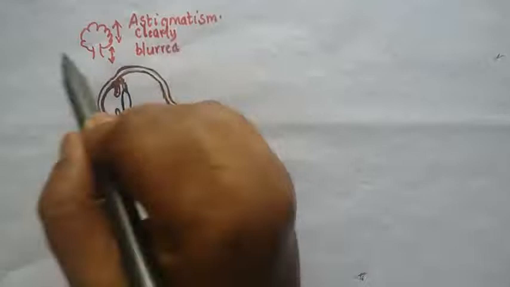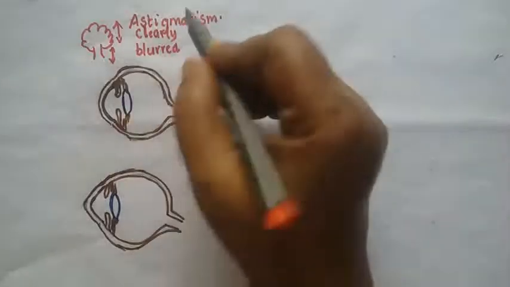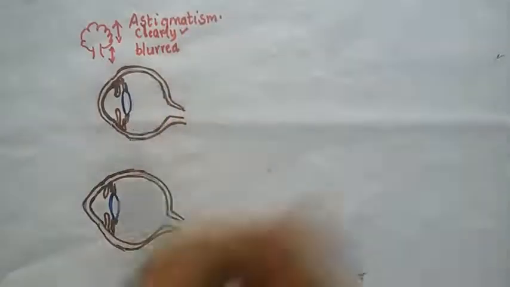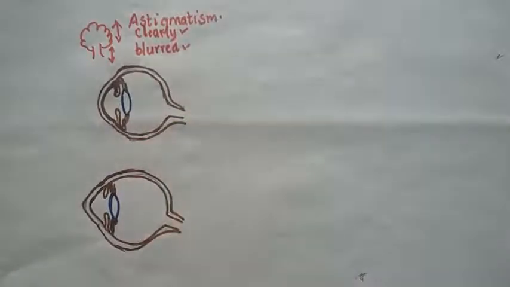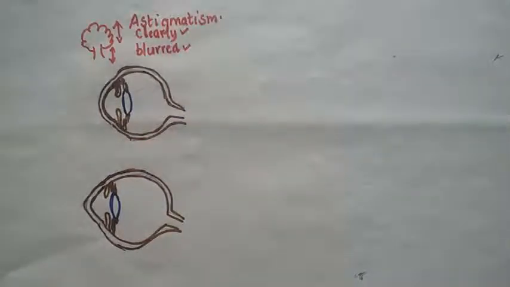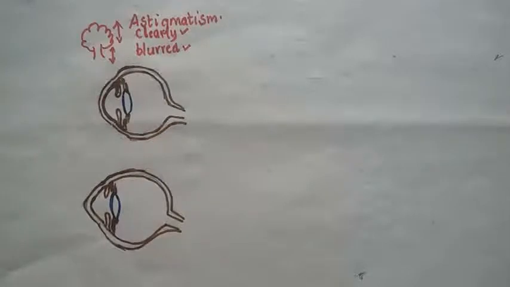So the same object, when he looks at a particular scene, some part of the scene he can observe clearly, whereas the other parts are appearing blurred to him. Okay, so in that condition, what is the defect he has?